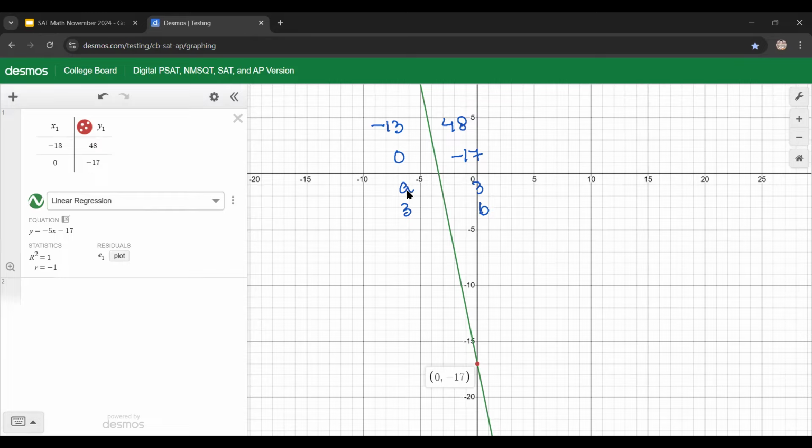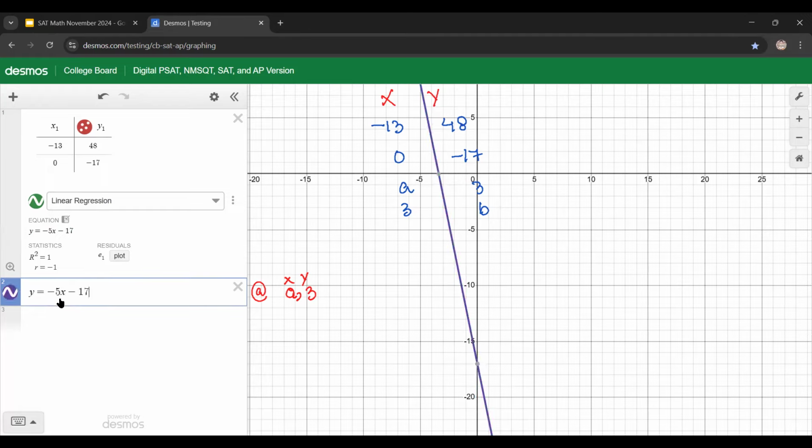this a is the value of x. Let me write it. This is x, this is y. So first of all, I'll do a comma 3. This is x, this is y. I'll take my equation from here, copy and paste.